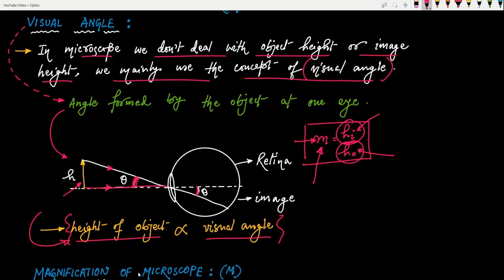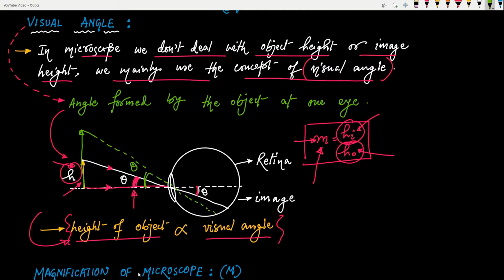In order to understand this, let's see if this is the height of the object and theta is the angle produced in the eye, okay, or the visual angle is theta for this object. Okay, now if I take another color and if I make this object bigger, then you'll see the angle subtended at our eye will be bigger, isn't it?